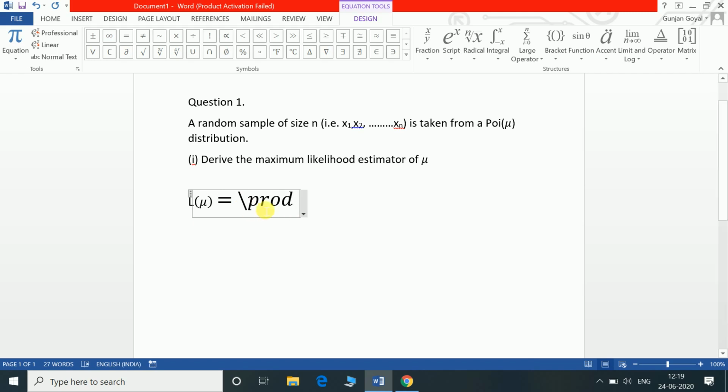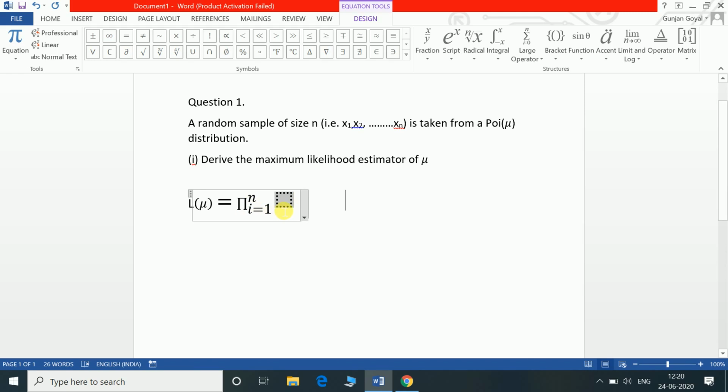The prod function will give me the product sign after writing space. Then I need the limits i equal to 1 to n, so you write underscore because you need that in subscript. I put a bracket and write i equal to 1, and in the power you need n and press space. See, it has converted to the product of i equal to 1 to n.